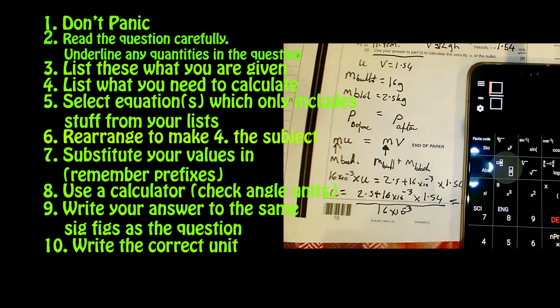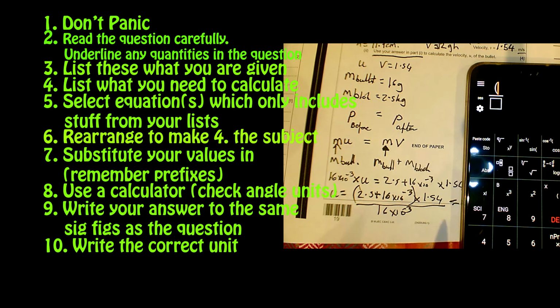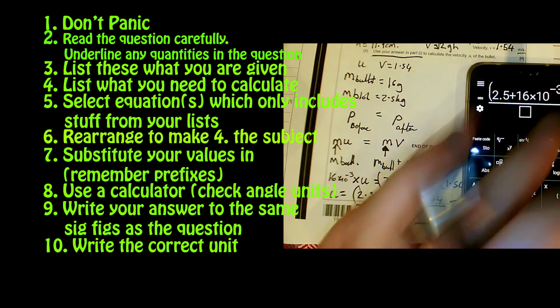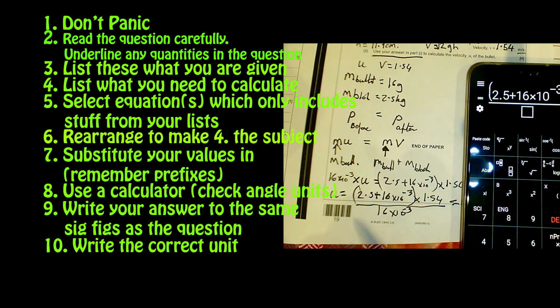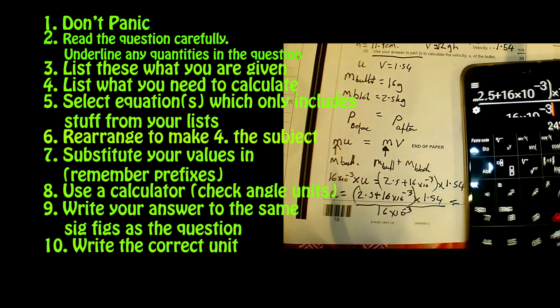Remember step 8, use my calculator. Because I've got quite a complicated divide, I'm going to put it as a fraction. It saves using brackets, but I will remember to use brackets where needed: 2.5 plus 16 times 10 to the minus 3, close brackets, times 1.54 all over 16 times 10 to the minus 3.